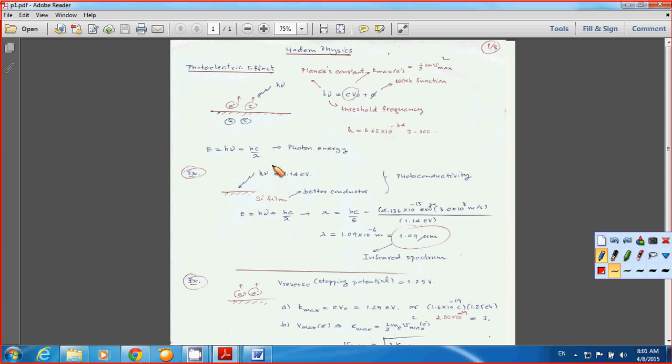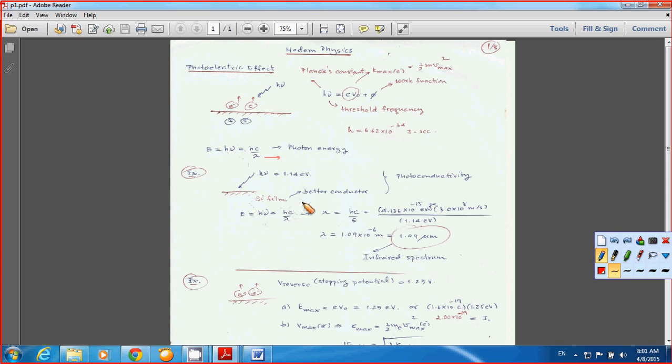Okay, so don't get confused about the photon energy. You can calculate it from E equal to h nu, which is equal to hc over lambda, in case they give you lambda instead of frequency.